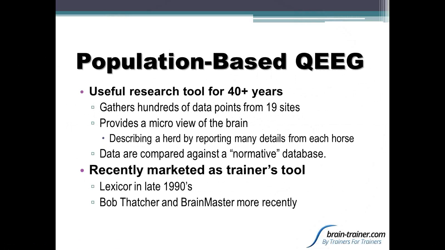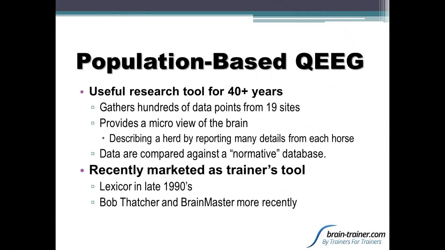Lexicor, sort of at the end of its life in the 90s, was trying to find a way to get more people to buy QEEGs, their equipment, and they offered an opportunity to lease the equipment and basically send your data in and have it processed, and they would send you back a list of the Z-scores from highest to lowest, and the idea was that you would just train whatever the highest Z-score was until that normalized, then you train the next one, then you train the next one, then you train the next one. But that didn't go very far. Lexicor is not around anymore.